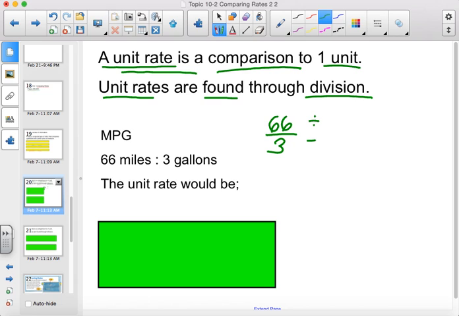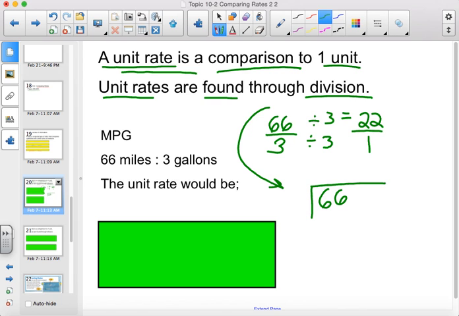We could create equivalent ratios and do the division through this method, and we would get 22 to 1. Or we could remember that we are actually dealing with a division expression and put our 66 in there as the dividend and 3 as our divisor, and divide with the traditional algorithm and come up with the same exact numbers.